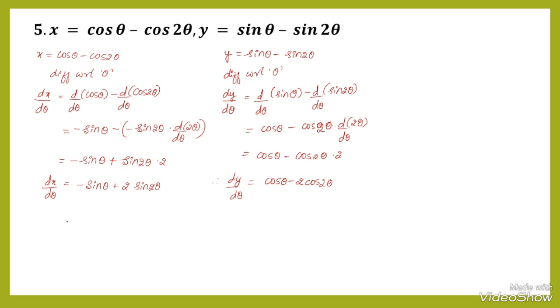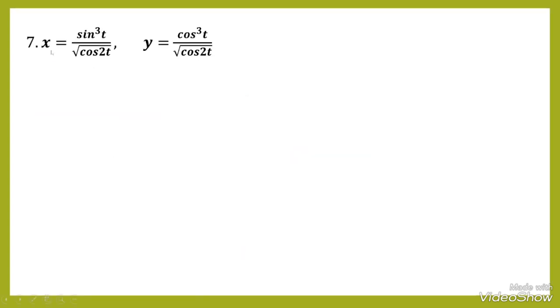But we want dy by dx, so I can take minus sin theta plus 2 sin 2 theta divided by cos theta minus 2 cos 2 theta. This is the solution.